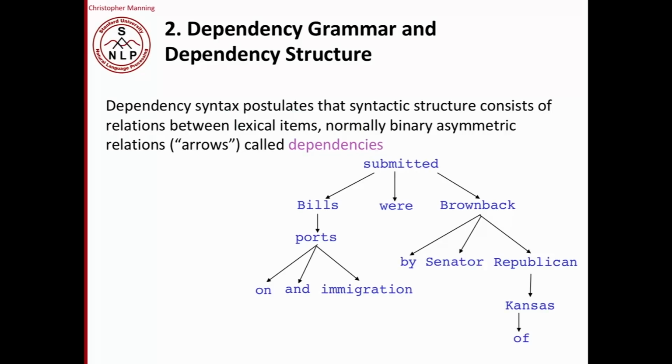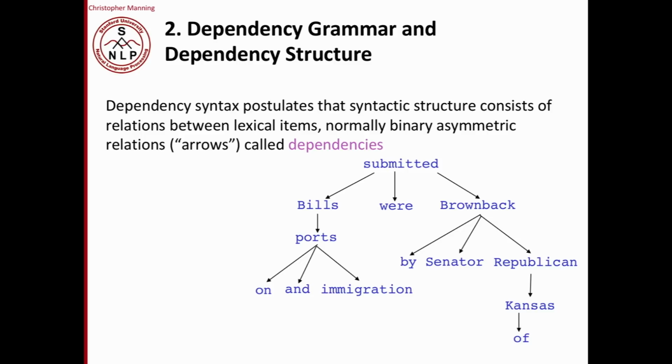The tool we want to do it with is dependency grammars. I've shown you some dependency grammars, and I just want to motivate dependency grammar a bit more formally and fully. Dependency grammar postulates that a syntactic structure consists of relations between lexical items, binary asymmetric relations, which we draw as arrows and call dependencies. There are two common ways of writing them.